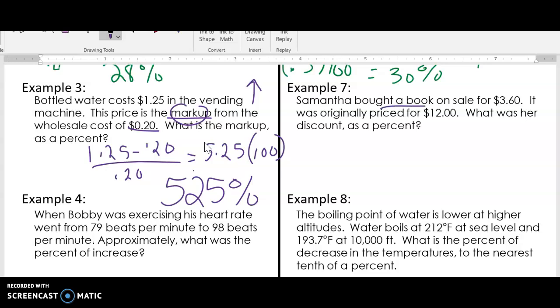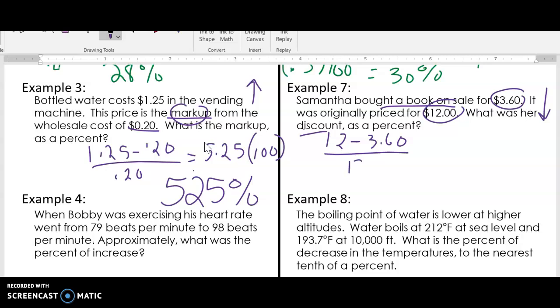All right, bought a book on sale. Originally $12. Ooh, she got a good deal. What was her discount? Okay, so it's $12 minus $3.60. Original amount. So discounted. What was her discount as a price? So we were high going low, so we need the higher number.